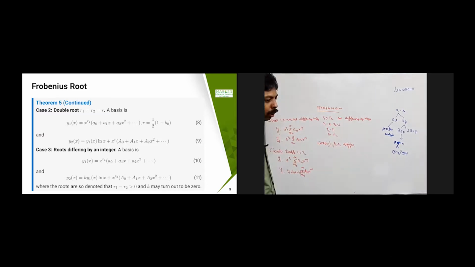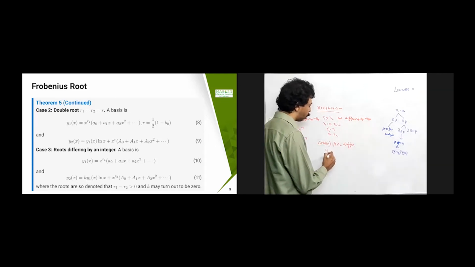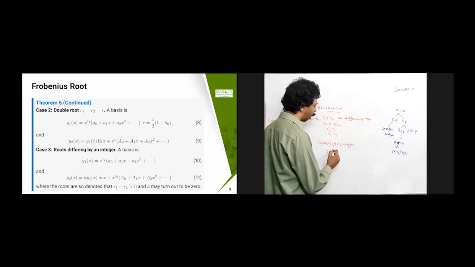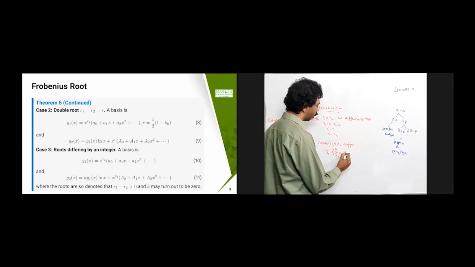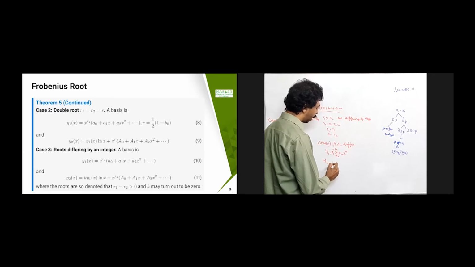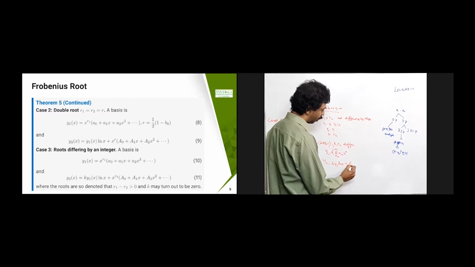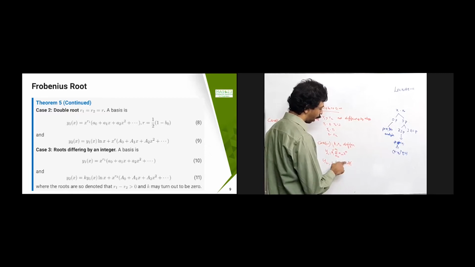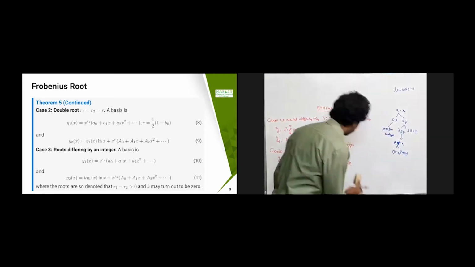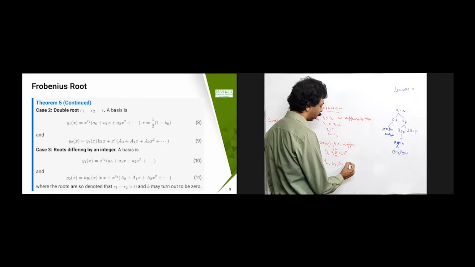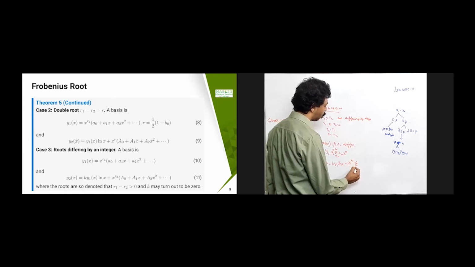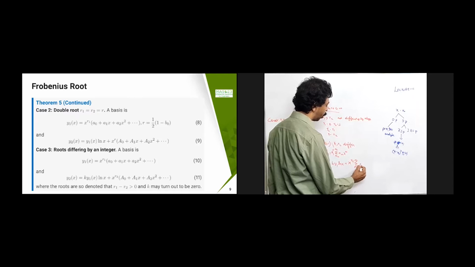So in that case, again the same kind of thing: y1 is going to be x power r1 summation m equal to 0 to infinity am into x power m, and y2 is going to be k into y1 into ln x plus summation, again x power r2 here. Not r1 here, here r2. Okay, so x power r2 summation m equal to 0 to infinity am into x power m.